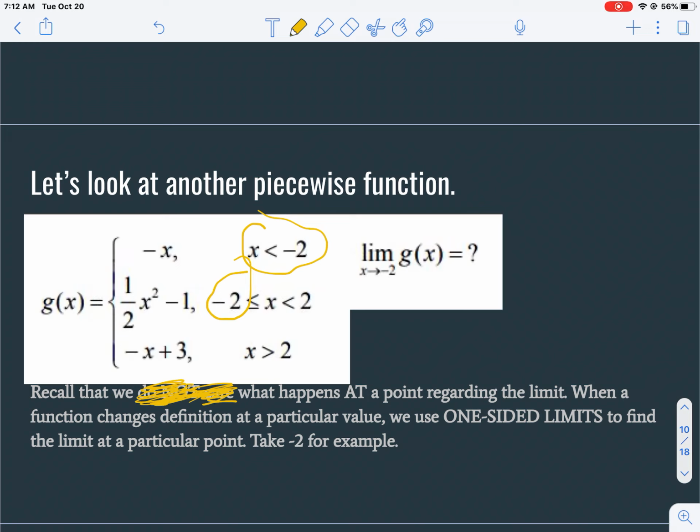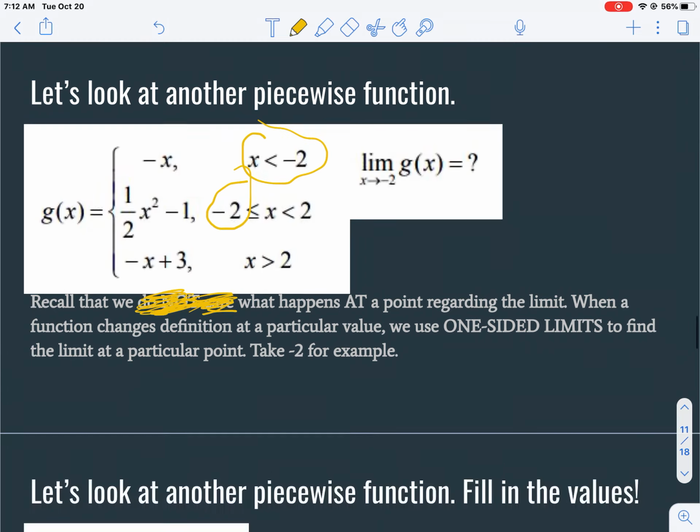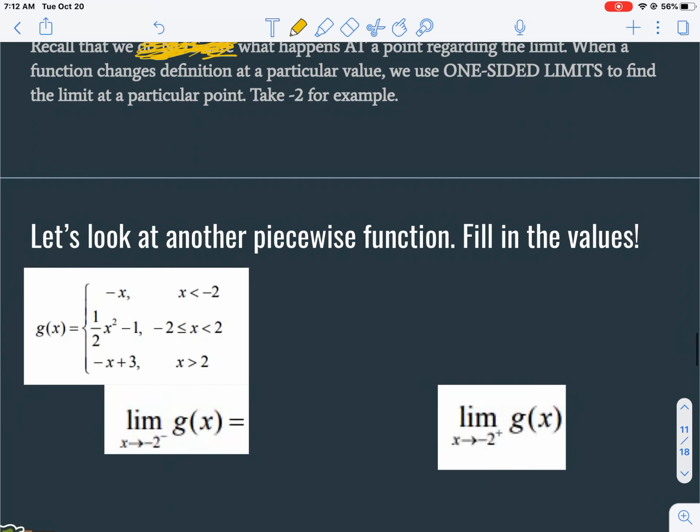So whenever we're finding the limit at a boundary, where the functions switch, for example, negative x and 1/2 x squared minus 1, depending on if the number's less than negative 2 or if the number's bigger than negative 2, then our functions will be different, right? If it's less than negative 2, we choose negative x, and if it's greater than negative 2, we choose 1/2 x squared minus 1.